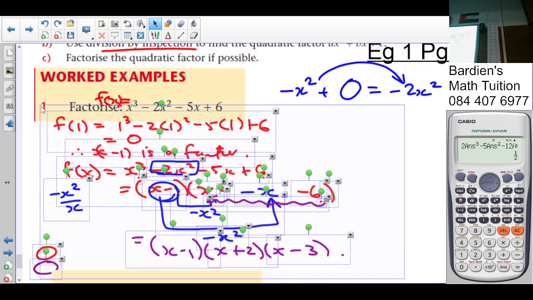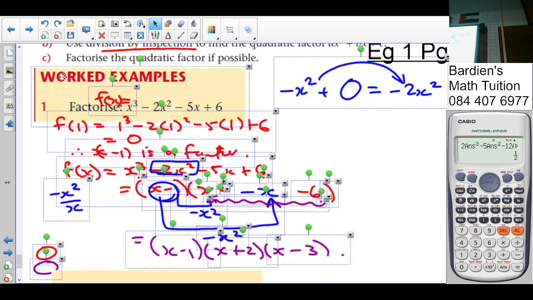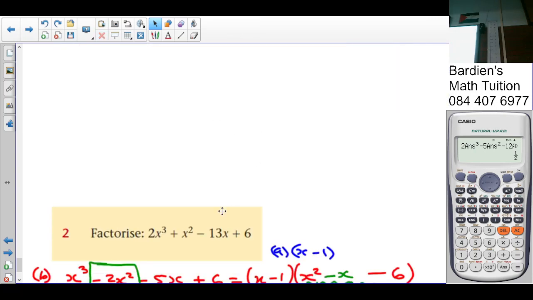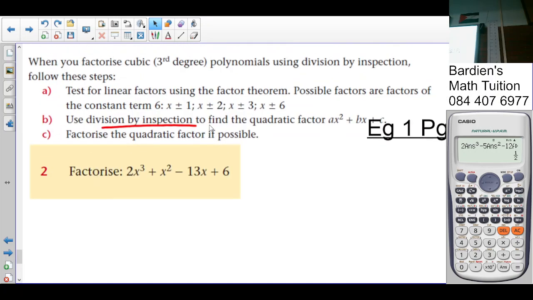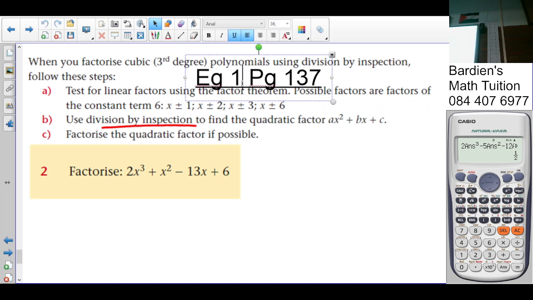Is that correct? Right. Number 2. Example 2.